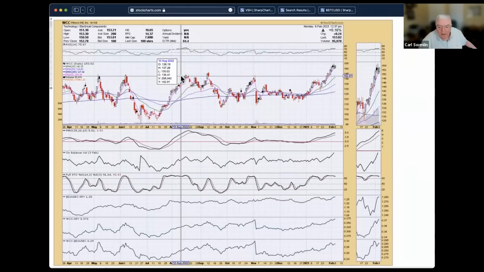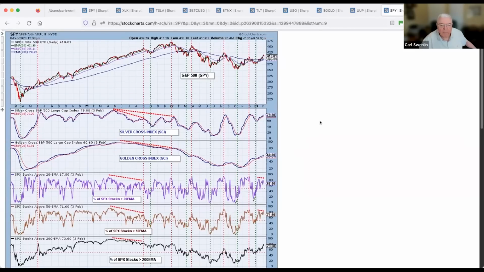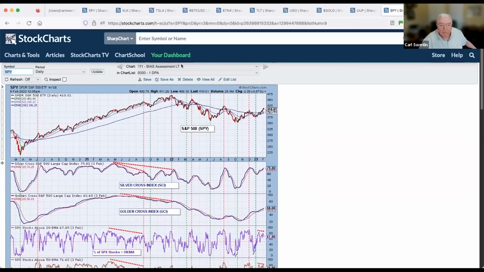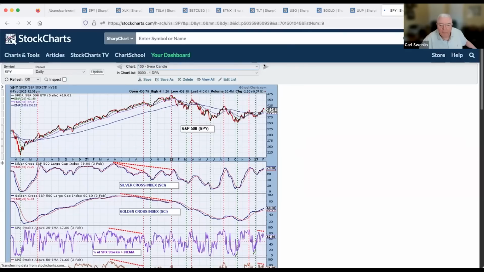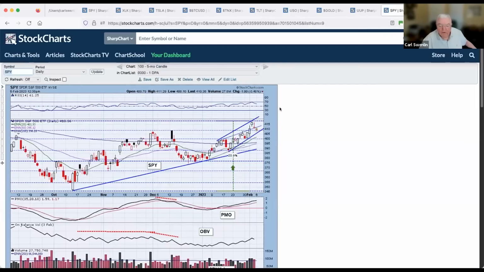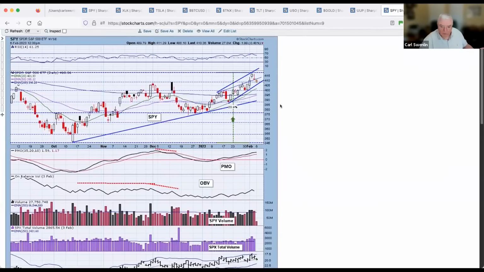Okay. I had a question on the PMO last week or a couple of weeks ago, and I'd never answered it. For one thing, we can use the PMO as a way of ranking stocks against one another. It's a ratio calculation, so it translates.